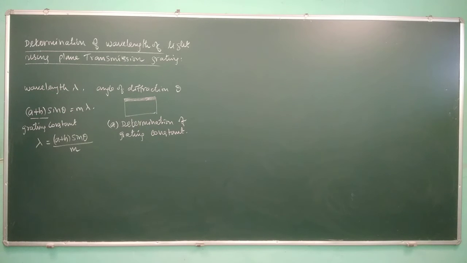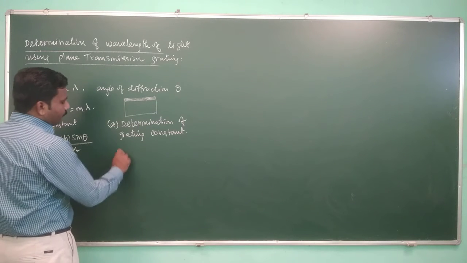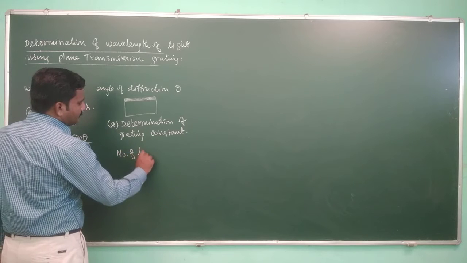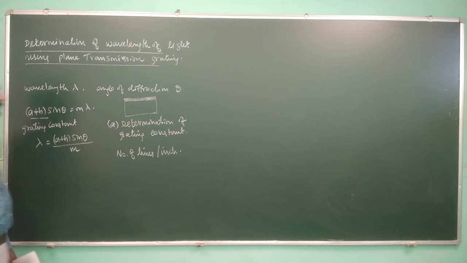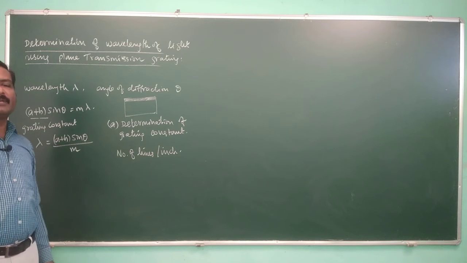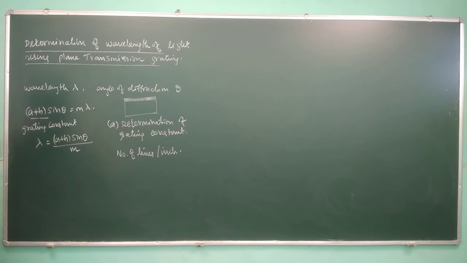What is given is the number of lines per inch. And what is the grating constant? The grating constant is the summation of the width of the transparent space and the opaque space, that is a plus b.